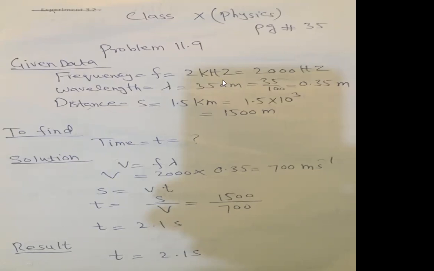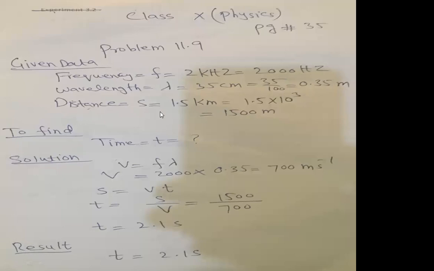Centi is 10 to the power minus 2. If you take this 10 to the power minus 2 to the bottom, it will be 10 to the power plus 2. When you divide 35 by 100, you get 0.35. Meter is the standard unit of wavelength, so 0.35 meter.